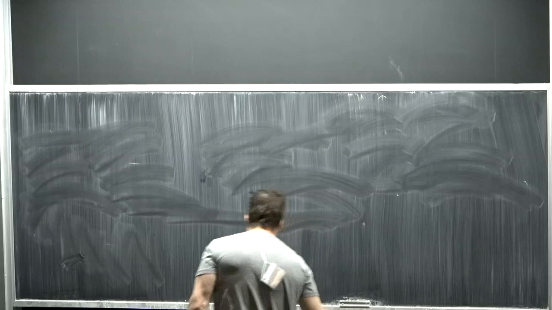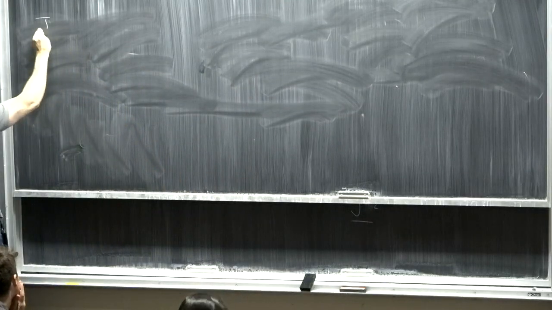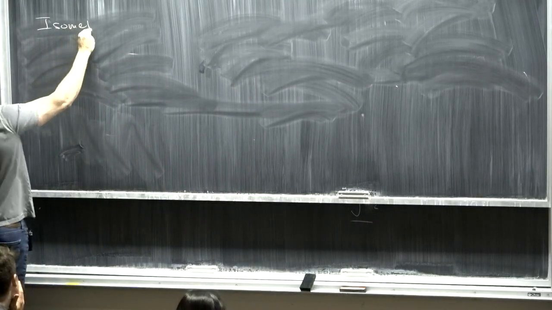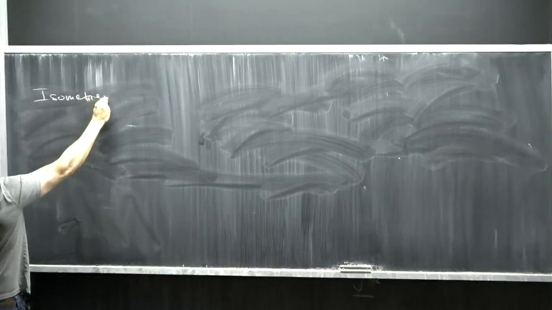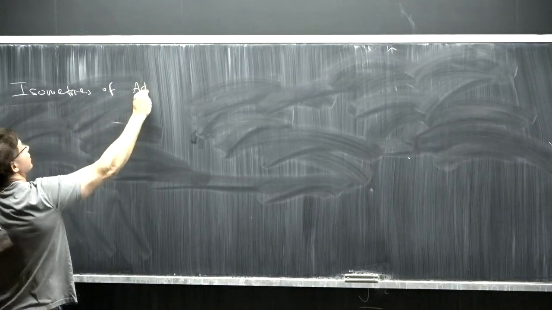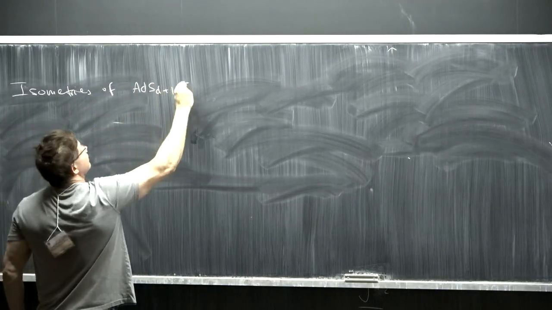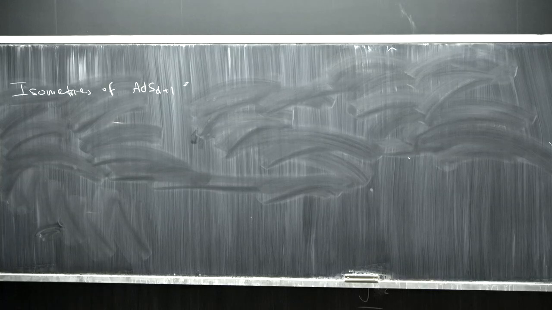So the ordinary isometries, not the conformal, just the ordinary isometries of AdS_{d+1}, they furnish the same group as the conformal symmetry in CFT_d.